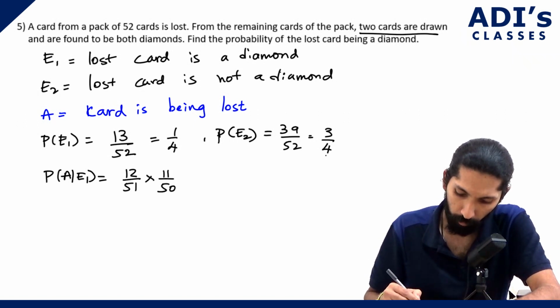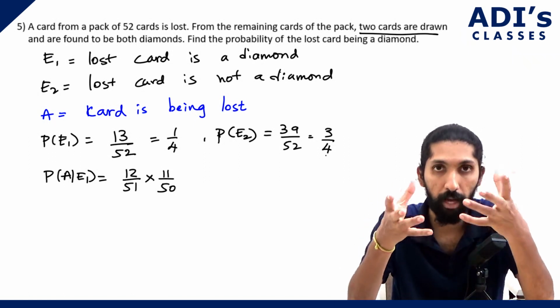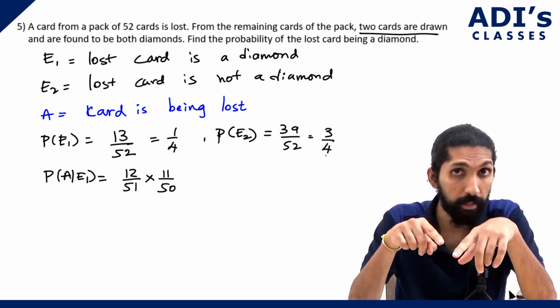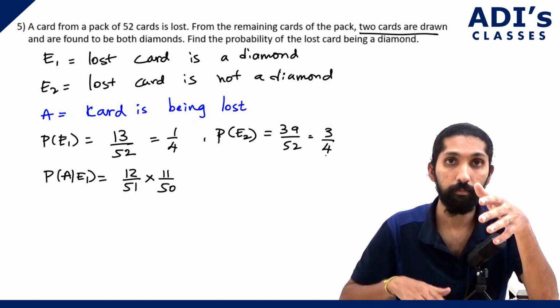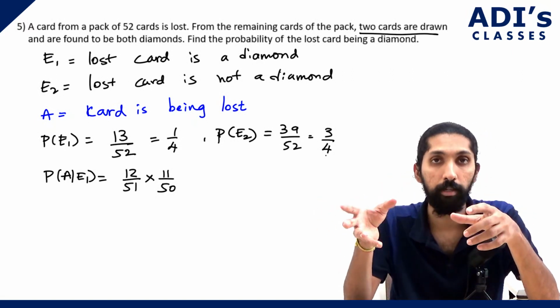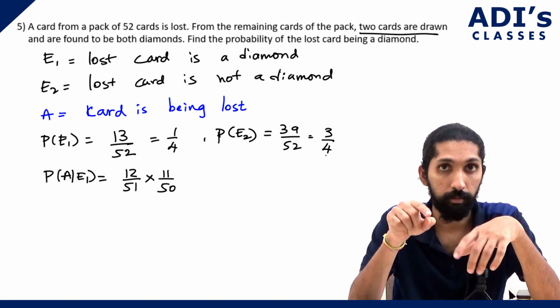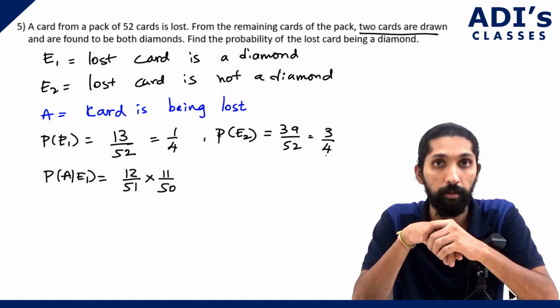Now you might be thinking, why are we doing this? Guys, think about it. In a pack of cards, one card is lost, it's gone, and that is a diamond, right? That's the first event, right? When you lose the diamond card, out of 13 diamond cards, you have 12 diamond cards now, correct? And out of 52 cards, we have 51 cards.